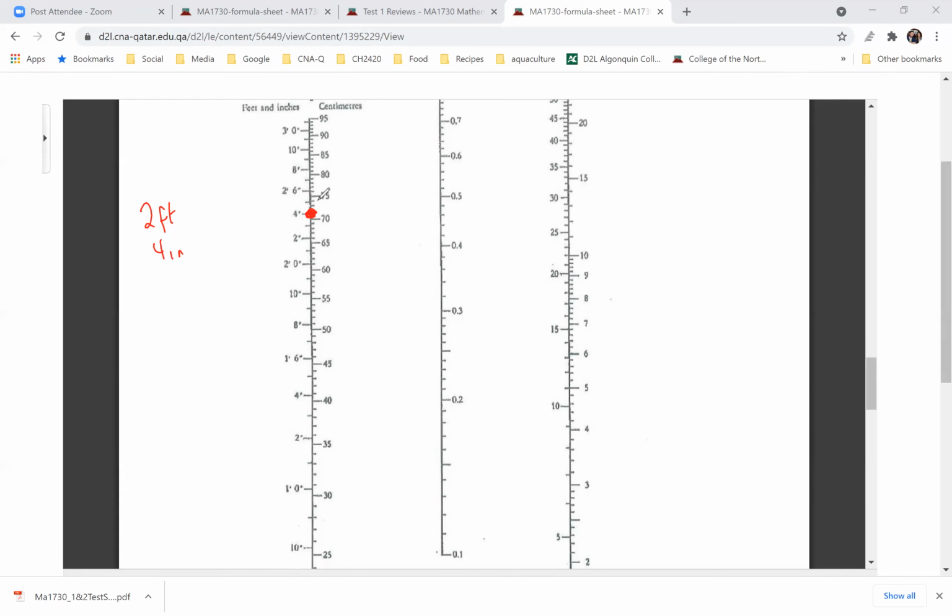If you don't like using feet and inches, you could convert this to centimeters, up to you. Now, the child weighs 30 pounds. So the pounds are over here. 30 is right here. So now what I do is I draw a line that connects these 2 points. Well, that's not very good. Hold on.